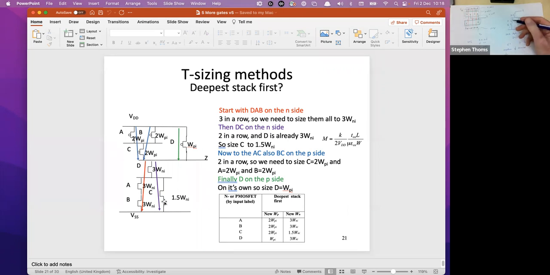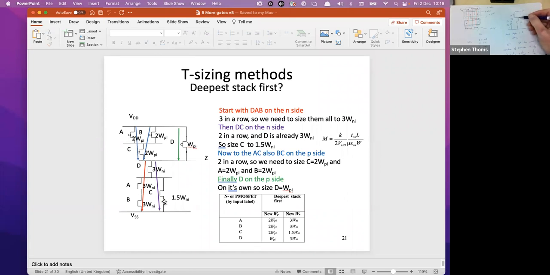Then you've got 3 of them in series, so you add resistors in series, and you end up with 1 over WN. And that, of course, is the impedance of a single transistor. So that's equivalent to your inverter. That's the same as your standard inverter, 1 over WN.